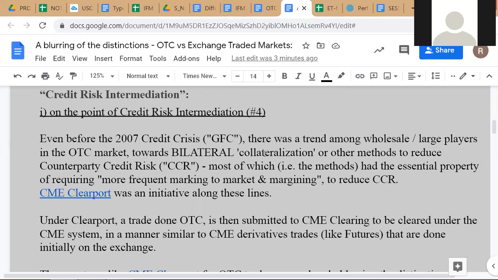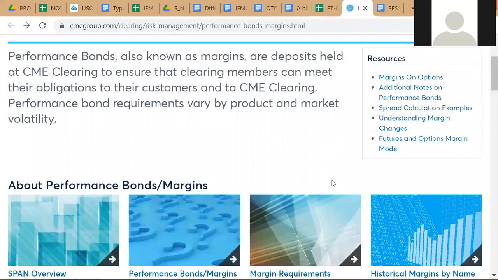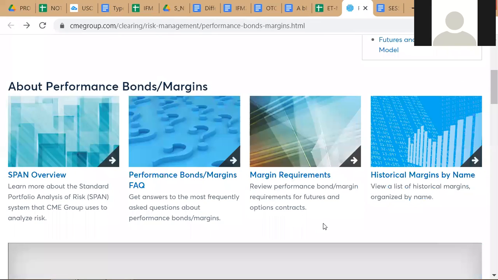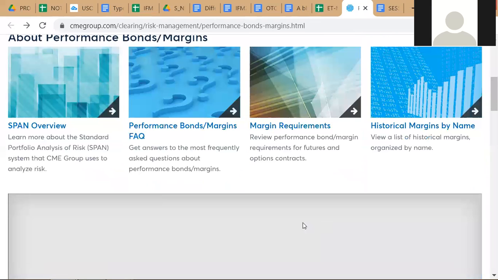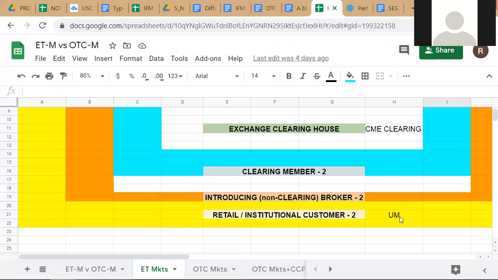Okay, collateralization is nothing but this, basically. When you take performance margins, which are called performance bonds or margins, all you're doing is engaging in collateralization, because you know that as a clearinghouse, you're doing a deal with one customer on this side and another customer on this side.